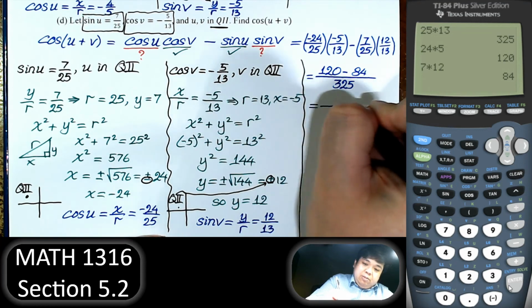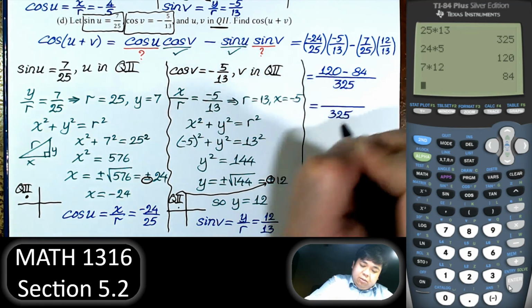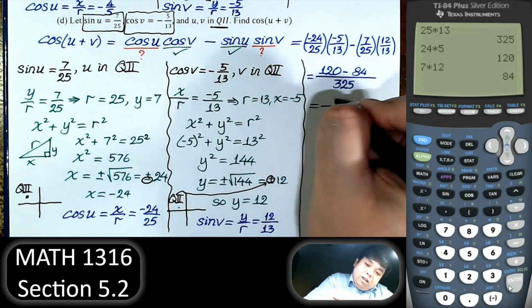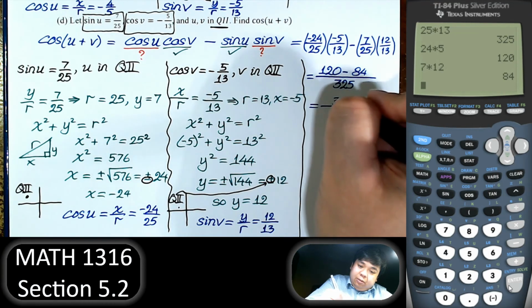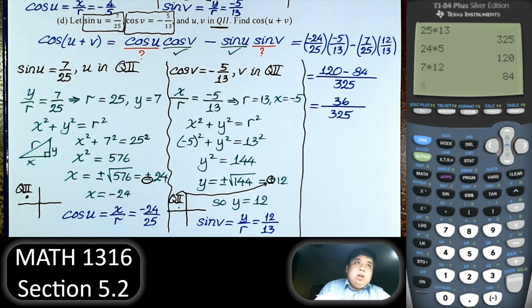So the answer is 120 minus 84 over 325, so that's 36 over 325. Right. So that's what we have.